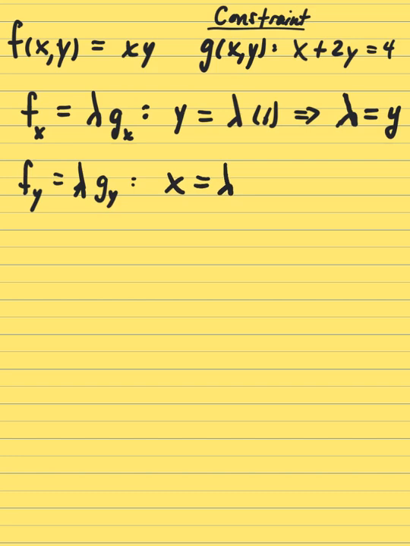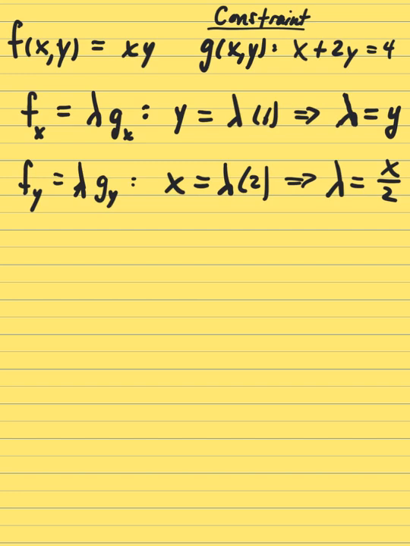In the constraint, its derivative with respect to y is 0, 2, and 0. So that's going to be lambda times 2. If you divide both sides by 2, then lambda is equal to x over 2.